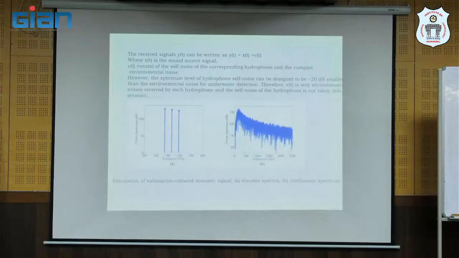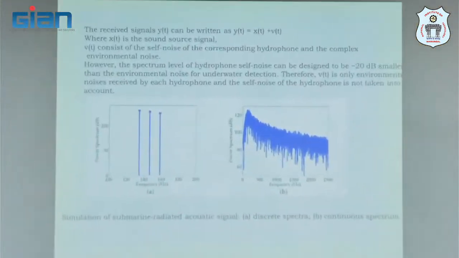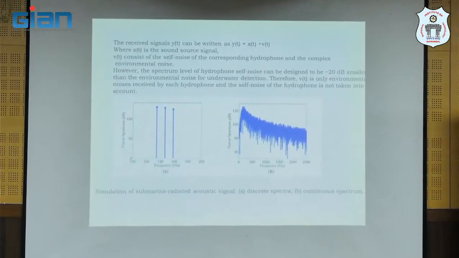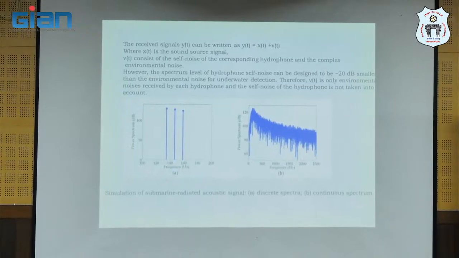We can model the received signal as the sum of the submarine radiated signal plus the noise. The hydrophone, which is a sensor, is designed in such a way that its self-noise is much lower compared to the complex environment, that is, the ambient noise.